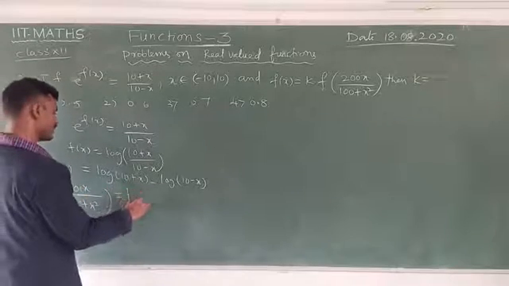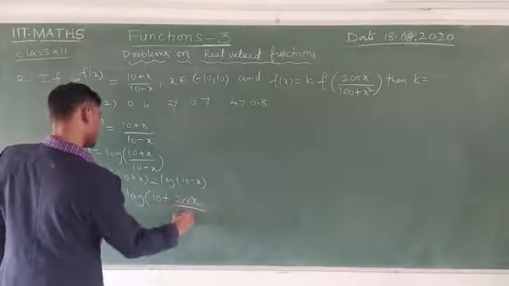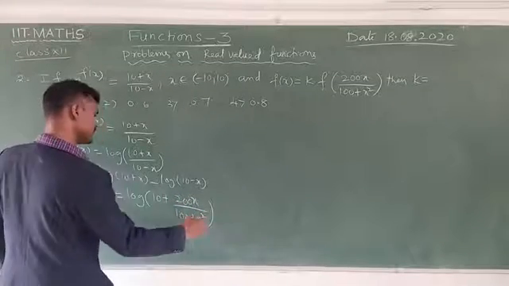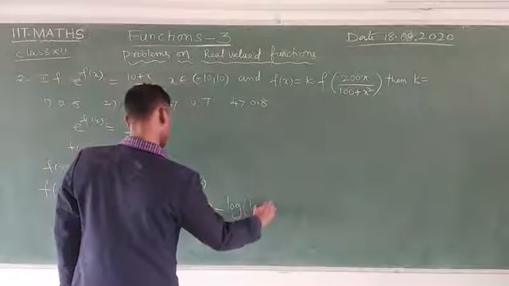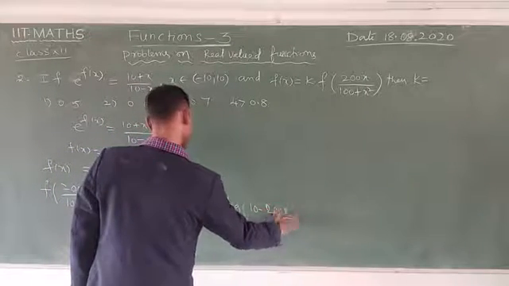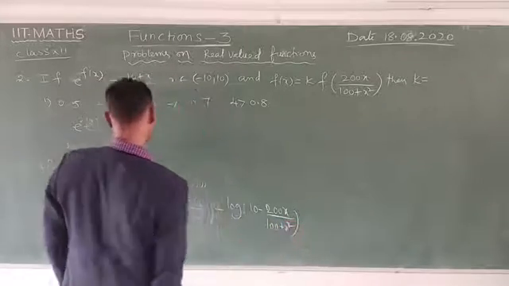Now log of 10 plus 200x by 100 plus x square, minus log of 10 minus 200x by 100 plus x square. Now simplify this one.